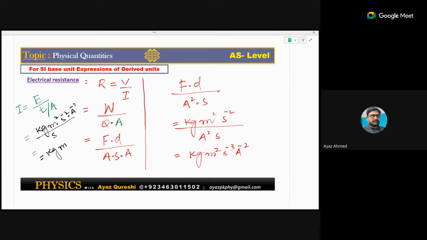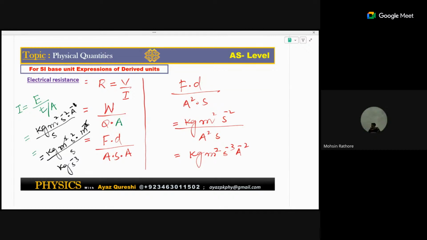So kg m square s minus 2 m minus 2, because area has unit meter square, so meter minus 2 will be there, and second, so this would be gone, so it will become kg s minus 3. This is the unit for your intensity. Is this clear to you?